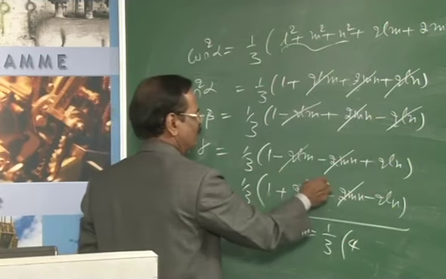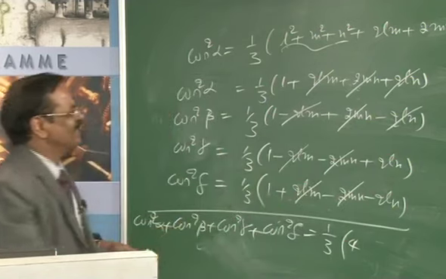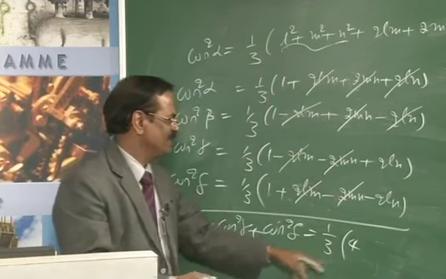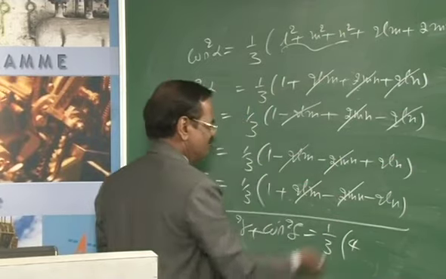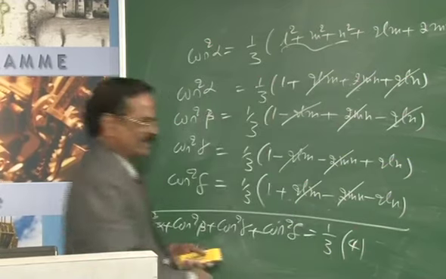All these terms cancel, the remaining is 0, and you will be getting the answer 4 by 3.